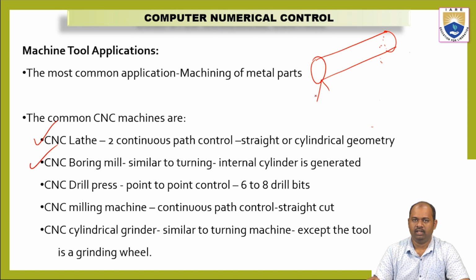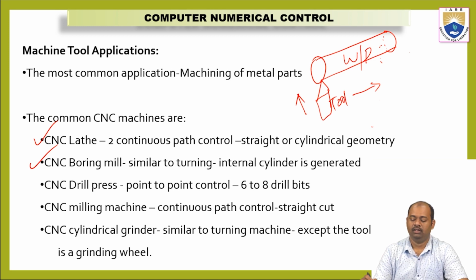If we give the feed, it will decrease the diameter of the rod by removing the extra material from the workpiece. So this is the workpiece and this is the tool. We can give the feed in this direction or in the horizontal direction also. It will remove the material from the workpiece.